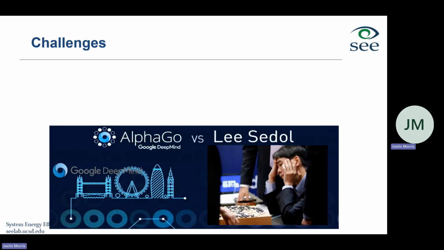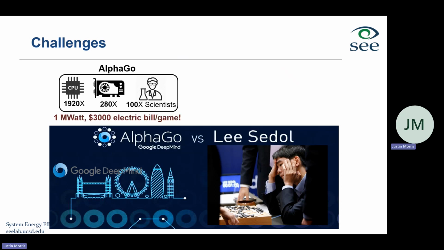One example of this challenge is Google's AlphaGo. AlphaGo is just Google's machine learning, AI, whatever you want to call it, that plays the game Go. And AlphaGo was able to beat the top Go player in the world, VHDL. This was back in 2018.